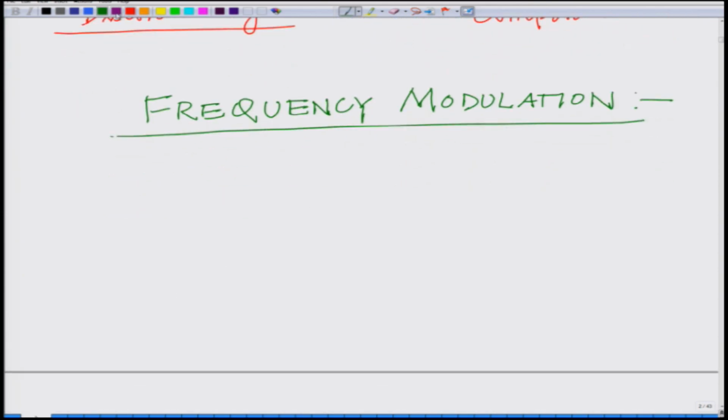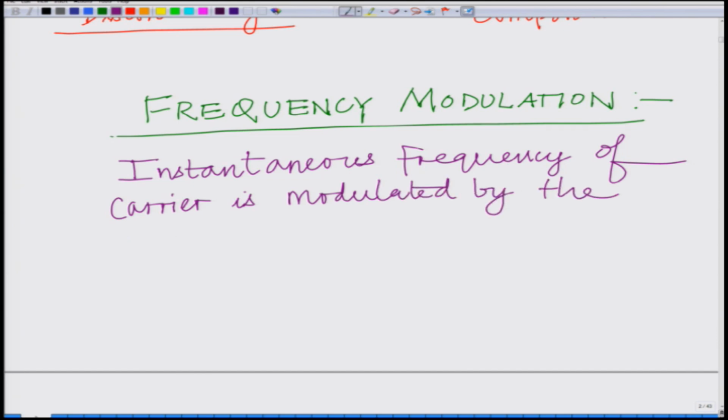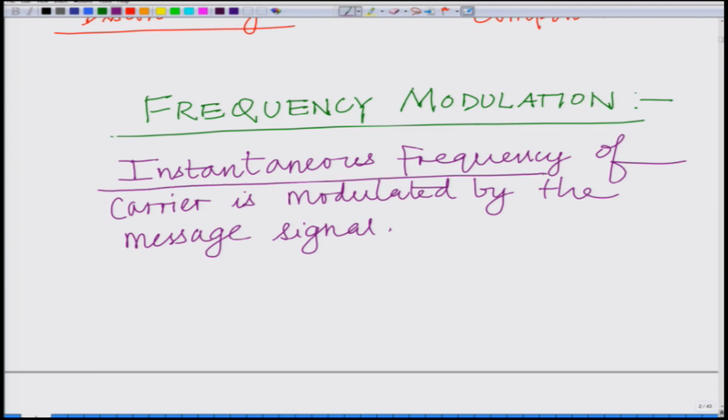In frequency modulation, the instantaneous frequency of the carrier is modulated by the message signal. So, in this, the instantaneous frequency is modulated rather than the phase.